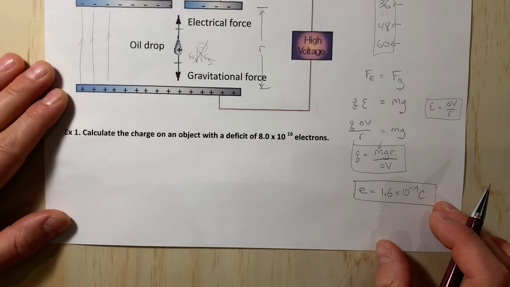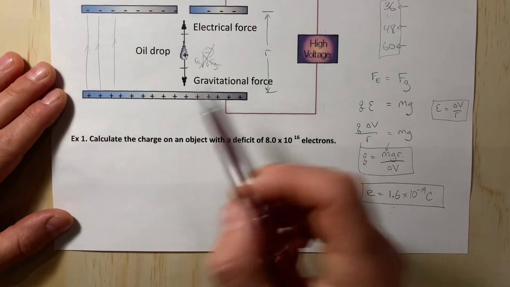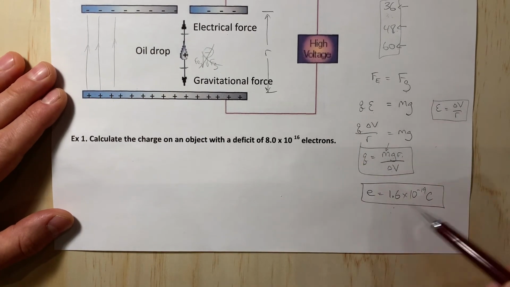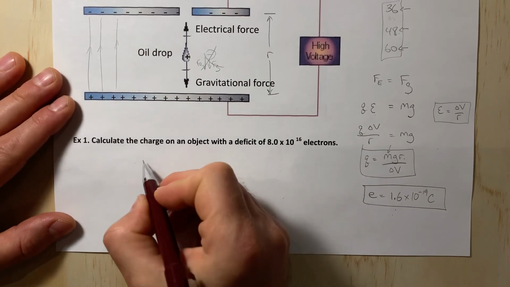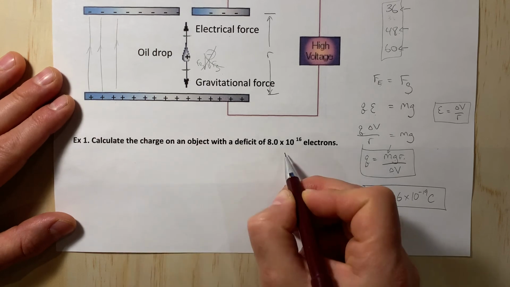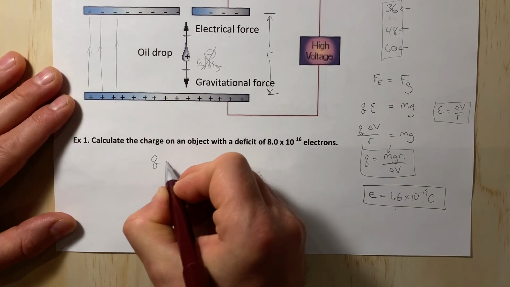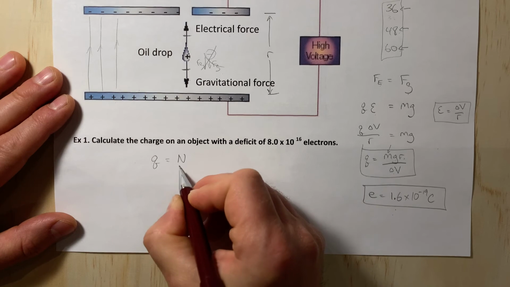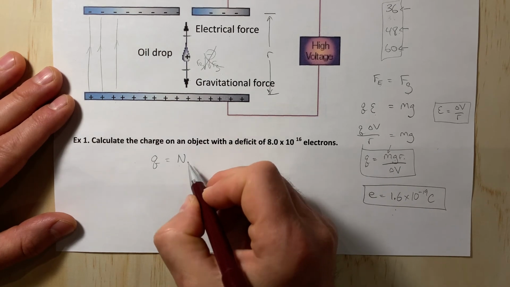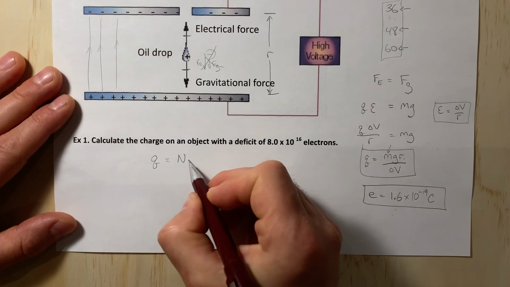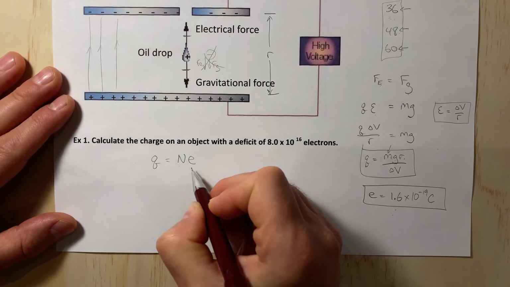Now we can use this. So why do we care about all this stuff? That's kind of history. This kind of calculation, we'll do some of those at some point, but why do we care about this? What this means is that the charge on any object is equal to the number of either excess protons or deficit of protons or electrons times the charge on that proton or electron.